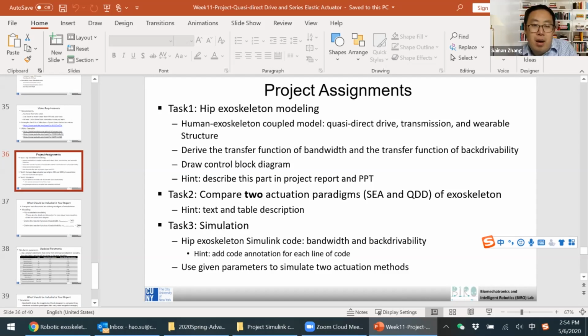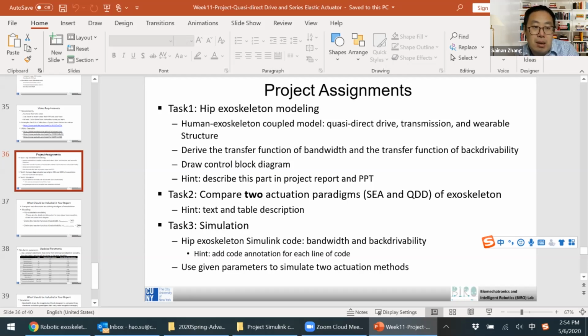Right. Honestly, I think we already gave you the answer. Overall, the project assignment is generally not very hard. I think either way is okay. However, I don't want to enforce this, but I think you should do the block diagram in Simulink.